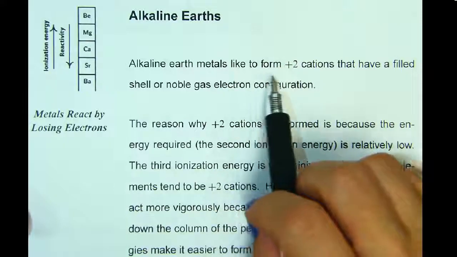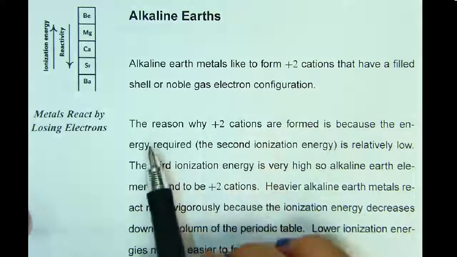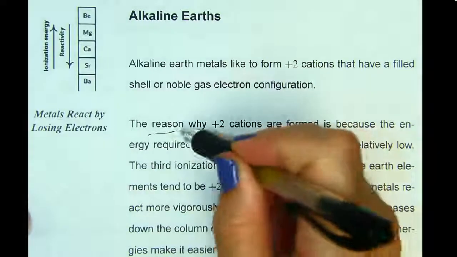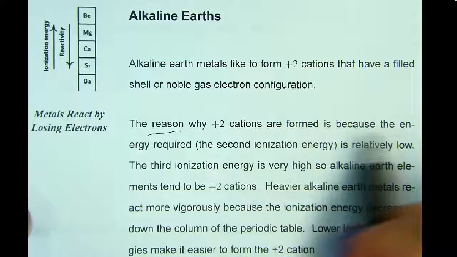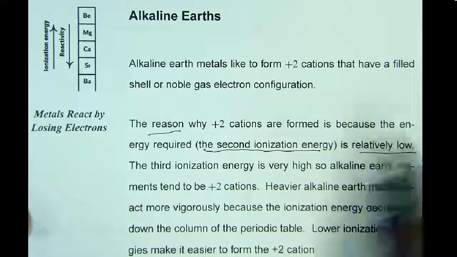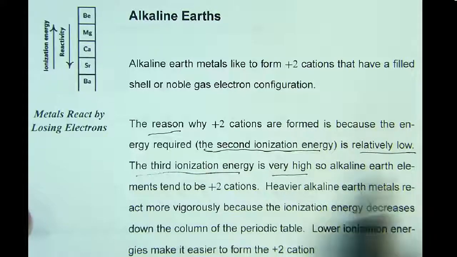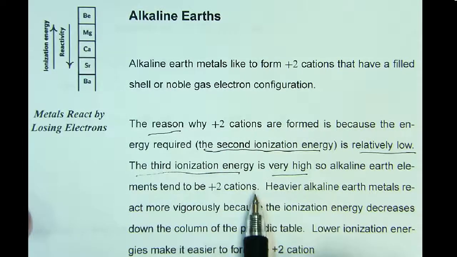Alkaline earth metals like to form +2 cations that have a filled shell or noble gas configuration. The reason why +2 cations are formed is because the energy required, the second ionization energy, is low. The third ionization energy is very high. So the alkaline earth elements tend to be +2 cations.